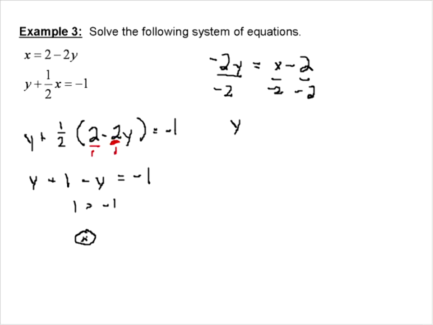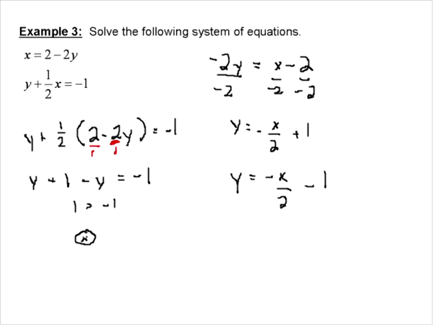We're going to get y is equal to x over 2. I'm just going to move the negative to the outside, plus 1. Our other equation, if we solve it for y, is just y is equal to negative x over 2 minus 1.